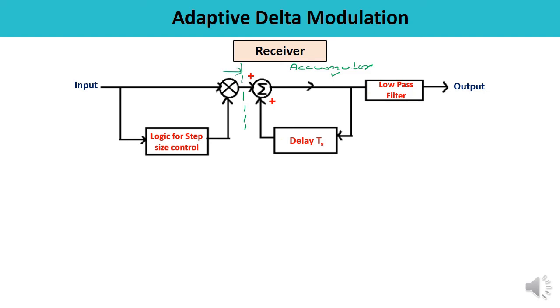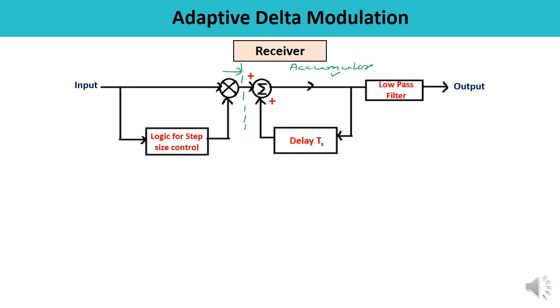This particular portion, the second portion, is the accumulator. So what is the first portion doing? It is comparing the present and previous input, deciding the step size, that is being applied to the second half which is the accumulator over here, and this accumulator builds up the staircase waveform.